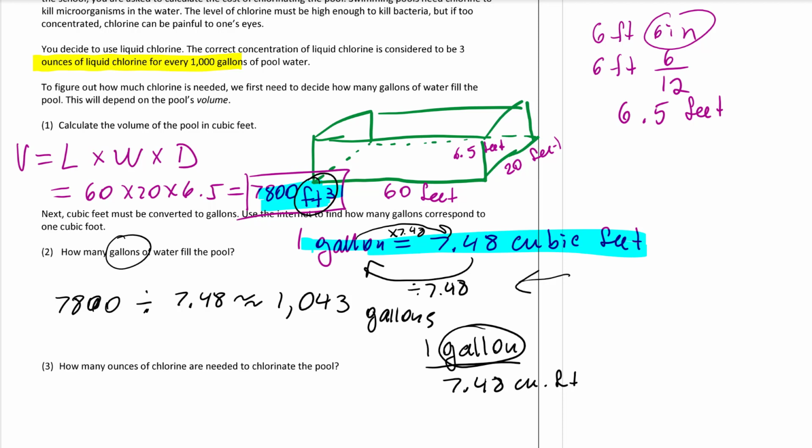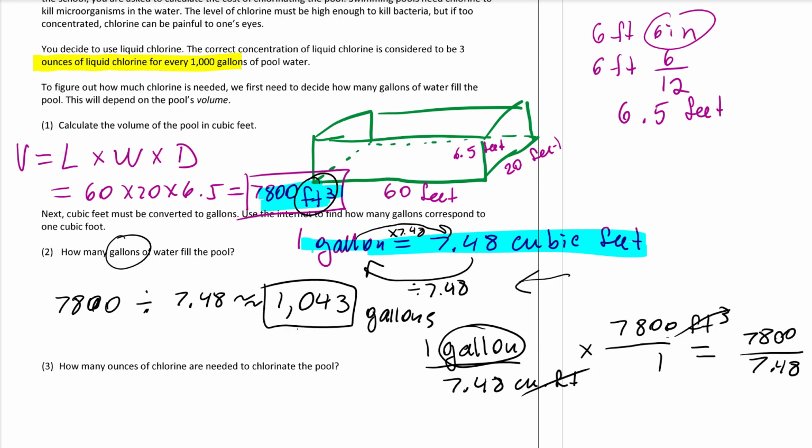So gallon is on top, and we multiply it by the number of cubic feet we got, which is 7,800 over 1, and then cubic feet cancels, and you multiply across and get 7,800 over 7.48, which is the same thing we did right here, which gives us the number of gallons.